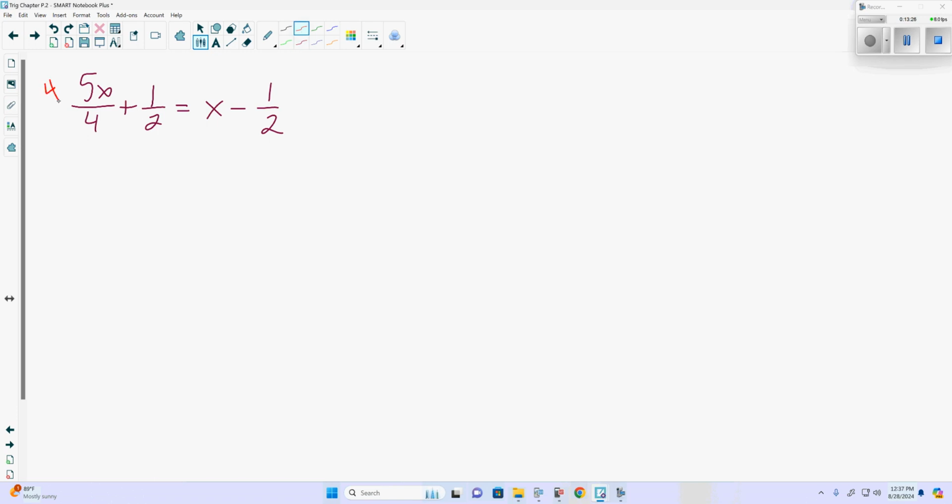So what we can do is multiply everything by 4. Here the 4 and 4 will cancel. So just 5x. 4 times 1/2 would be 2. The other side we'd have 4x minus 2.